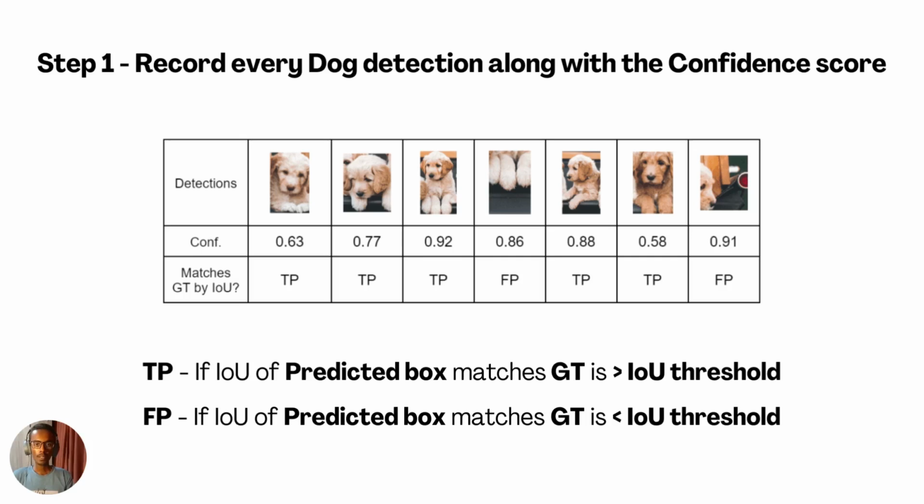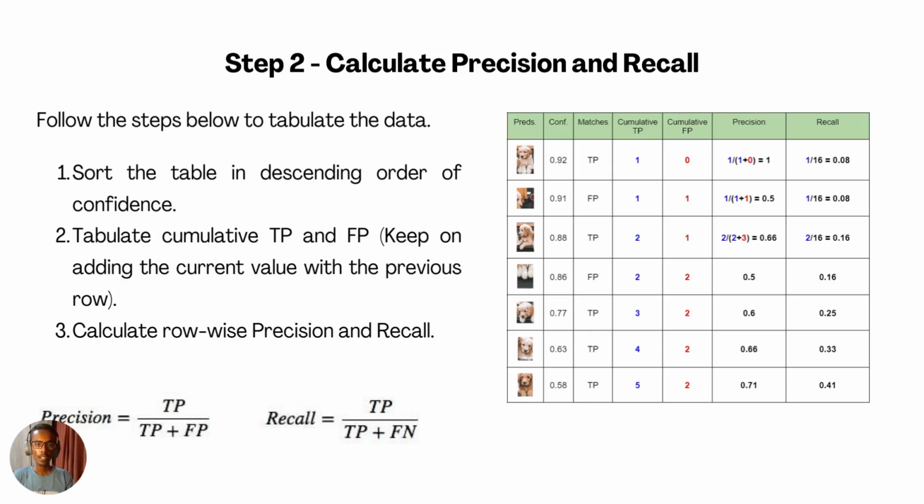So by computing the IOU using the overlap and union, and comparing it with the IOU threshold, we can label each detection as true positive or false positive. And on step 2, we sort the table in descending order of the confidence score.